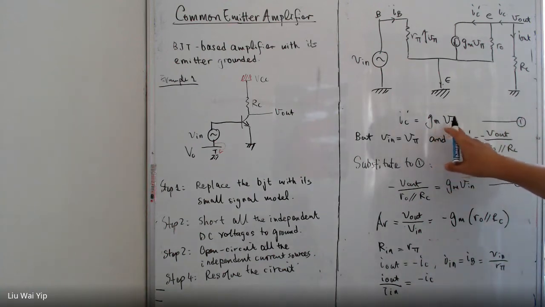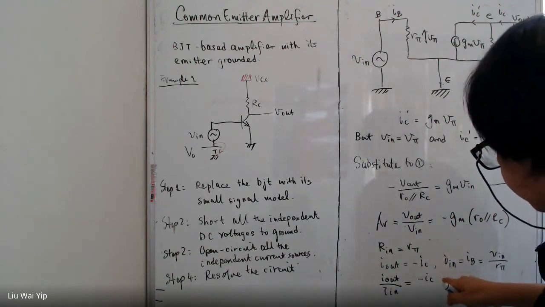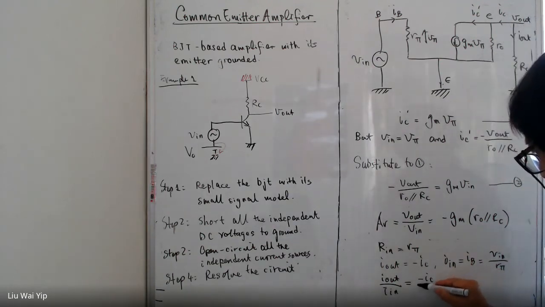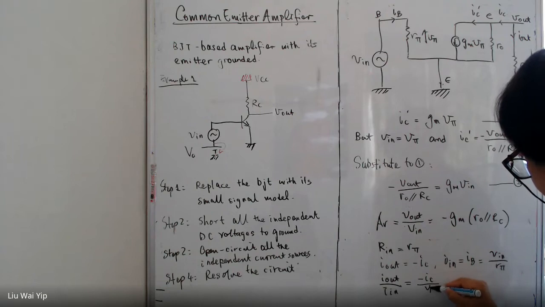We previously already found out IC. I'm not talking about IC dash. IC, we know, is V out divided by RC, minus. Okay, so now this one, and then divided by this one, right? The input, right? So V in times R pi.